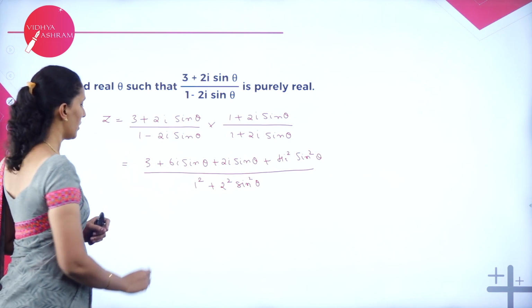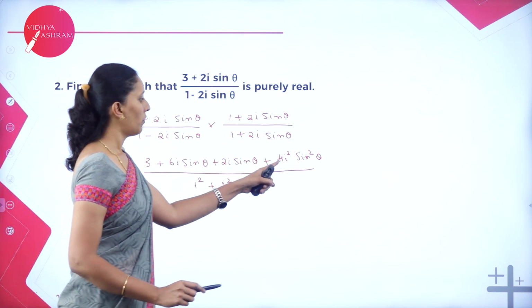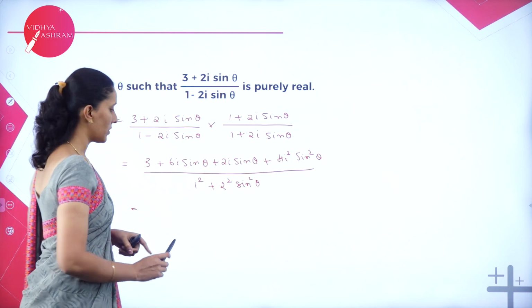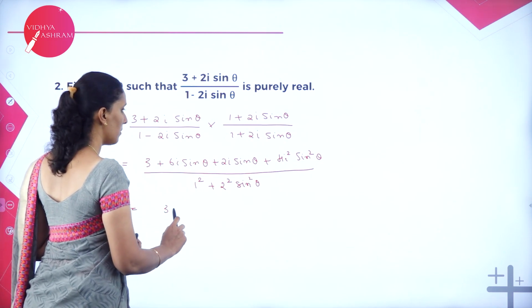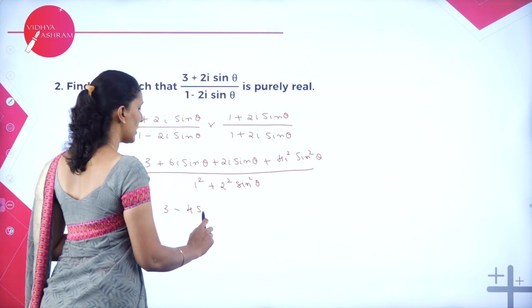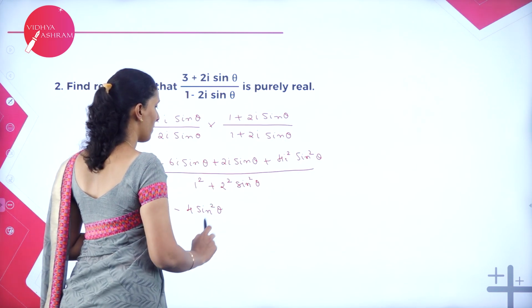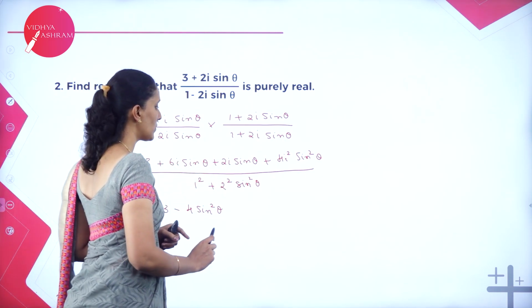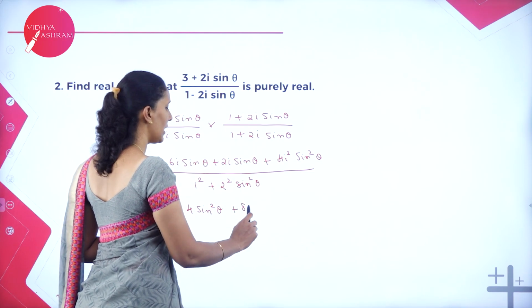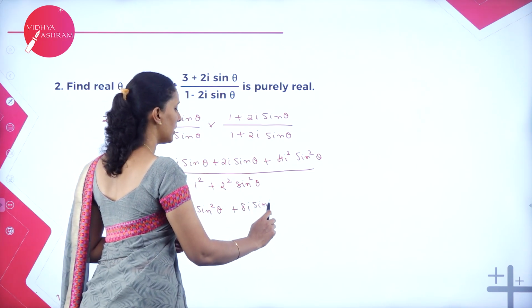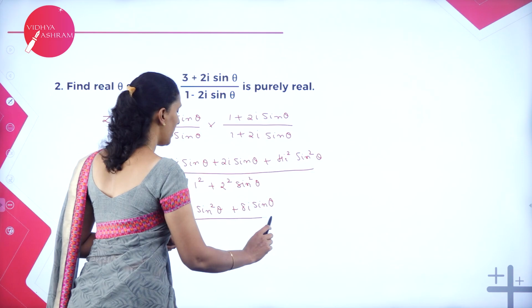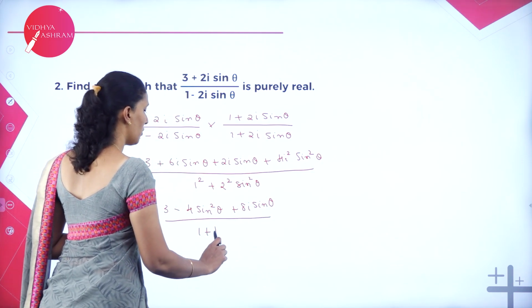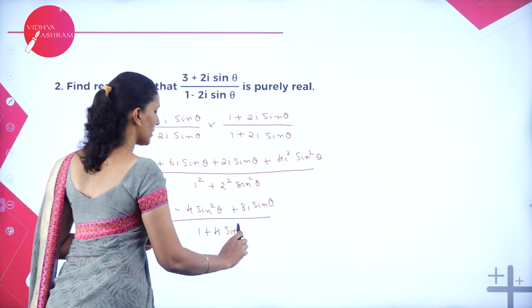So next we have here 4i square which becomes minus 1. So we have 3 minus 4 sin square theta. 6i sin theta plus 2i sin theta becomes 8i sin theta whole divided by 1 plus 4 sin square theta.